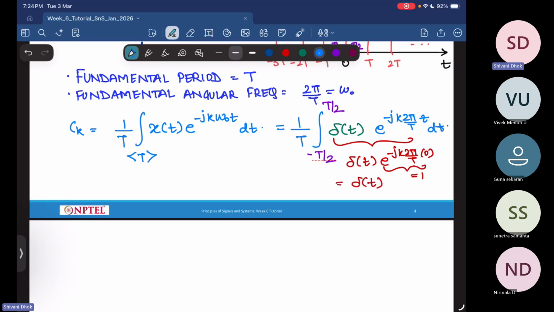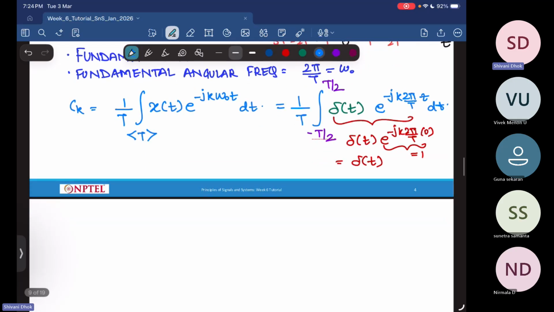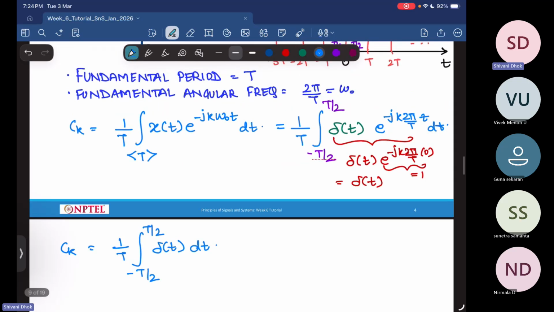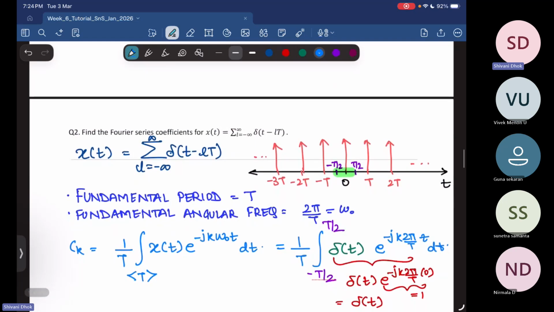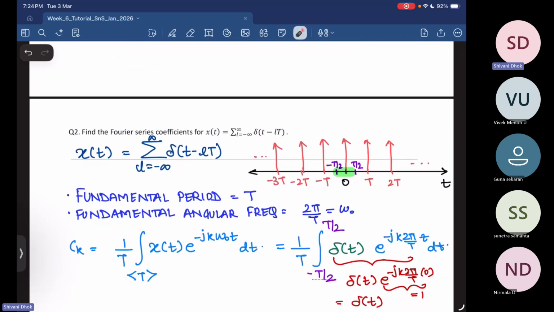Is this clear? So essentially what you have here is your ck is 1 by t integral minus t by 2 to t by 2 delta t dt. Now in the very first lecture of this particular course, we had seen that if you are integrating a unit impulse function over a finite range, that will be equal to 1 only when the impulse is included in the region of integration.